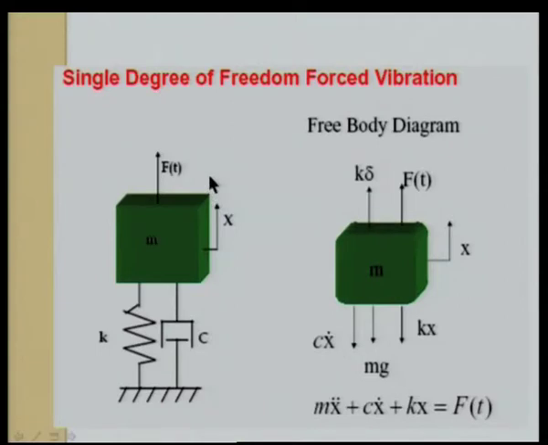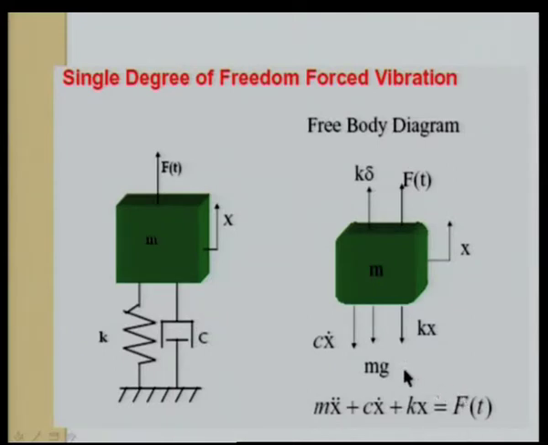There is only one motion x, but in addition to this there is an additional force F of t, which is a dynamic force that acts on the structure. Again we isolate the free body. So, when we write the free body and use Newton's second law, we get the differential equation of motion. An additional term F of t comes into the right hand side, that is m x double dot plus c x dot plus k x equal to F of t.